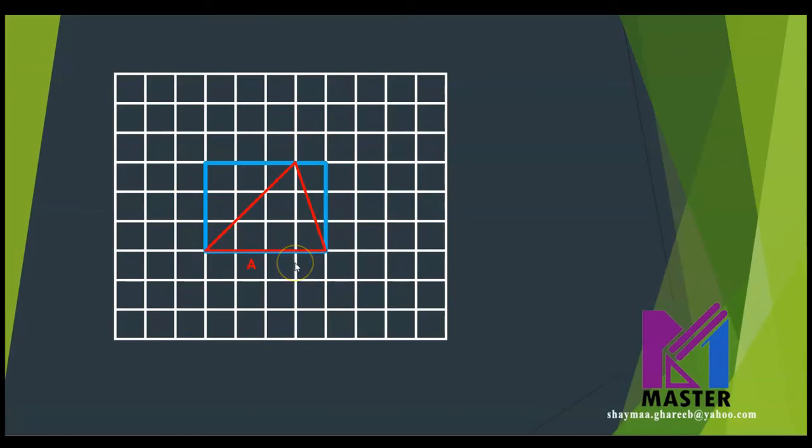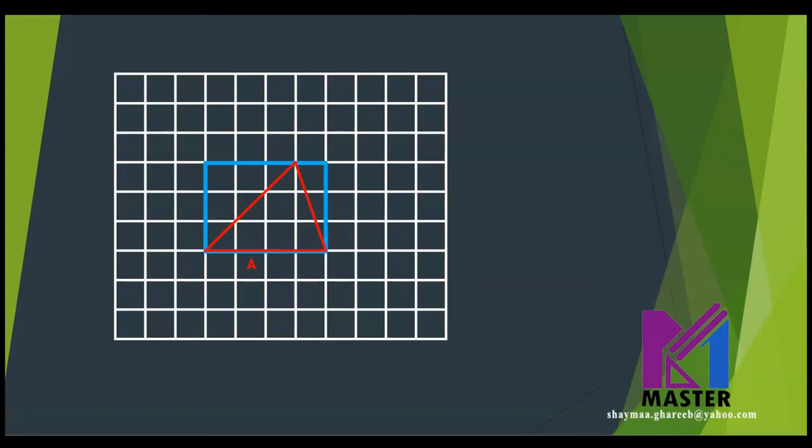So how can we calculate the area of this triangle? In this case, I can just count the squares inside the shape, but there are many squares here that I cannot find the value of exactly, like these three, for example. So I need to think in a different way.